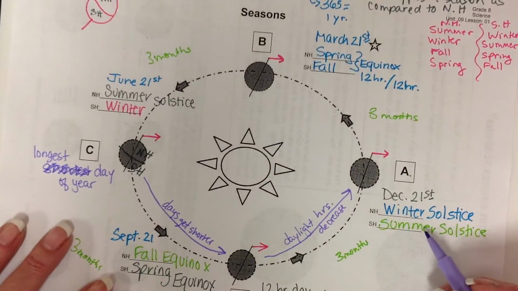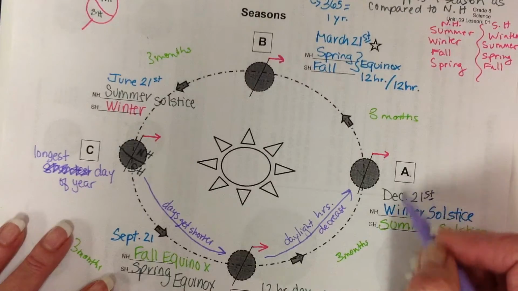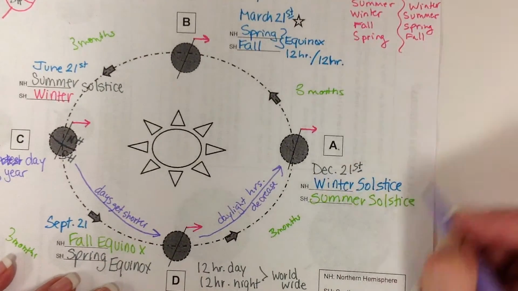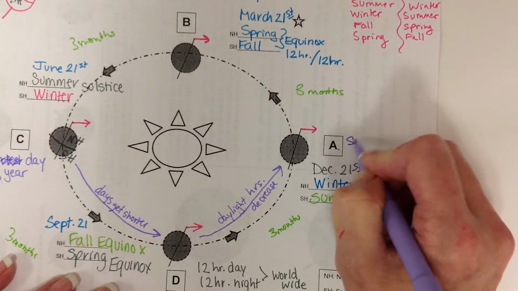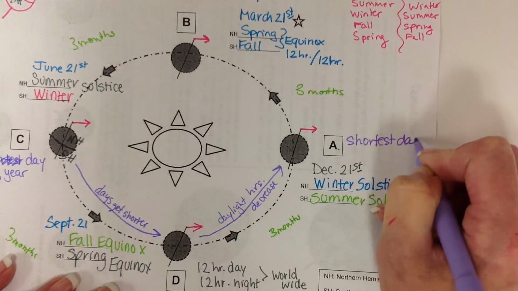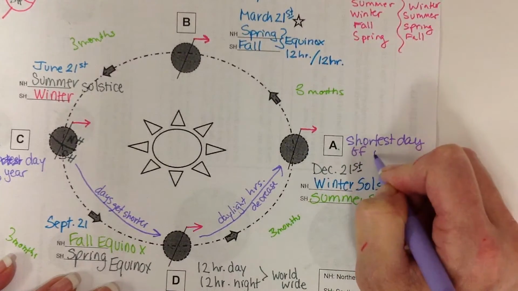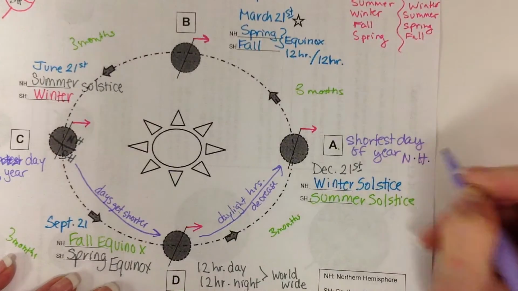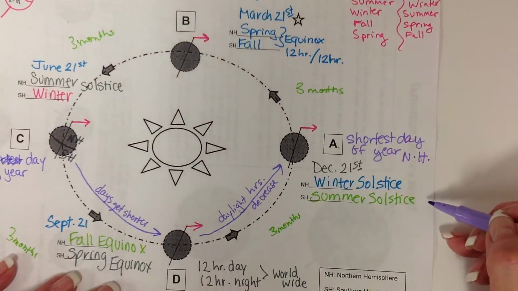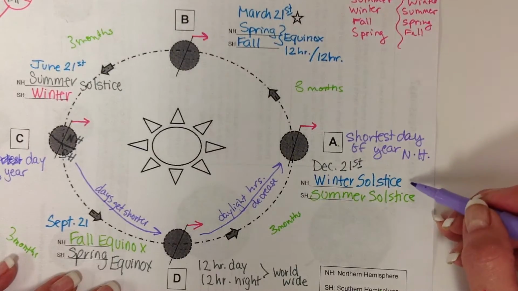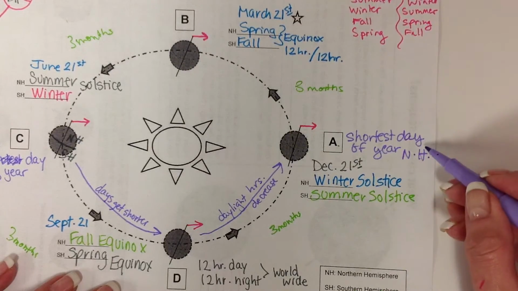All right, so when we're there, we have pretty much the shortest day in the northern hemisphere, because it's our winter solstice. It's the shortest day of the year for us. Now think about the summer in the southern hemisphere. That would be their longest day, right?